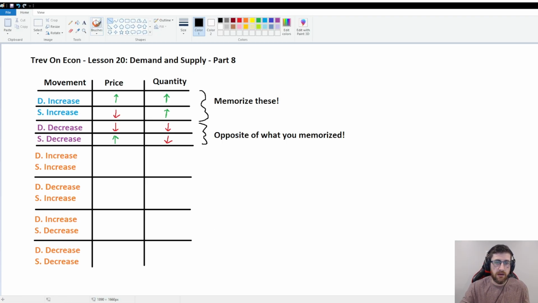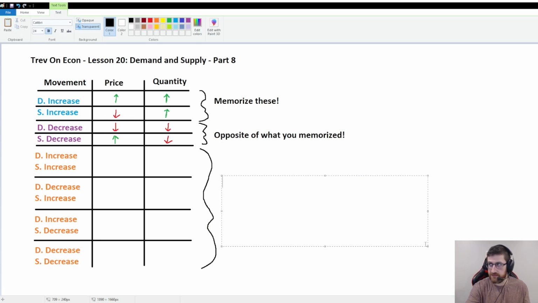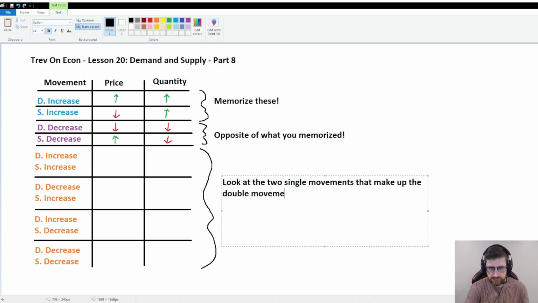Okay. For these 4, what you're going to do is this. This one requires a bit of explanation. Look at the 2 single movements that make up the double movement. So for example, D increase and S increase. Well, that's D increases up here, S increases up here. It's our 2 blue ones, right? Totally fine.